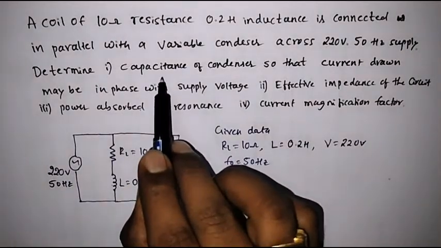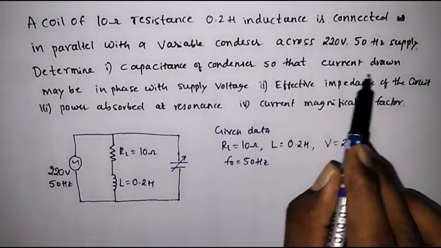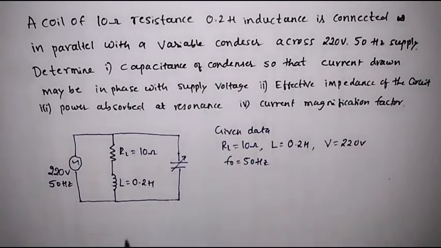Let's calculate capacitance of condenser so that current drawn may be in phase with supply voltage. We know that current is in phase with the supply voltage at resonant frequency. During resonance, current will be in phase with supply voltage. So here the resonant frequency is given, that is F0. This circuit is a parallel resonant circuit where inductor is in parallel with capacitor.